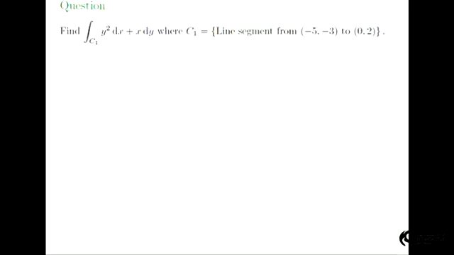How do you parameterize a line? Well, I already told you one way of doing it. I said it's easy to parameterize any curve which is a function. If you have y equals f(x), the parameterization is always going to be (t, f(t)). Well, can you give me the function for this line?